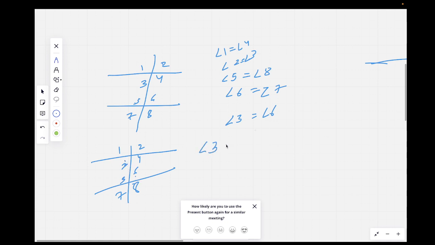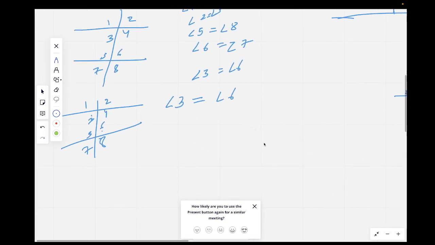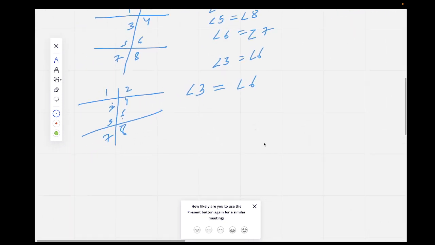Angle 3 equals angle 6. But from the axiom, corresponding angles are equal, so I can easily replace 1 with 5 and 2 with 6. So we want to prove angle 3 is equal to angle 6.